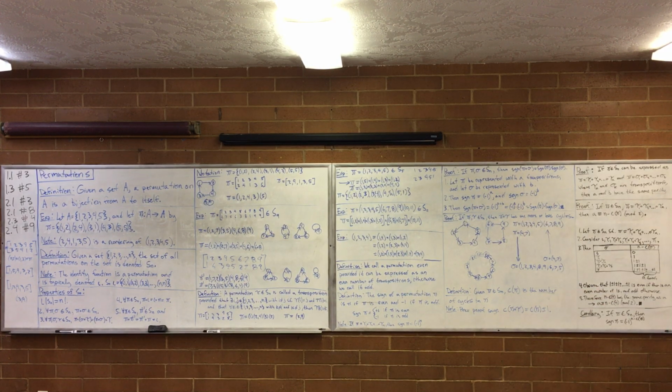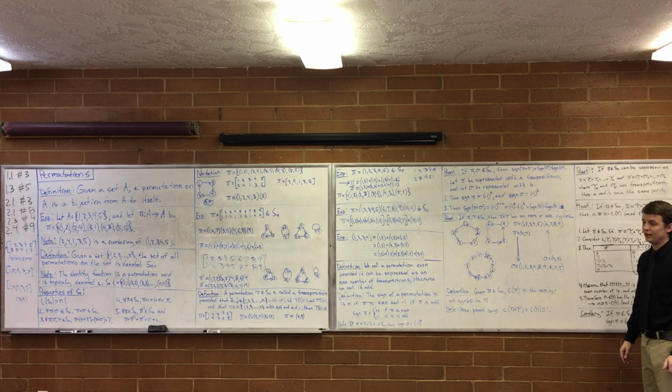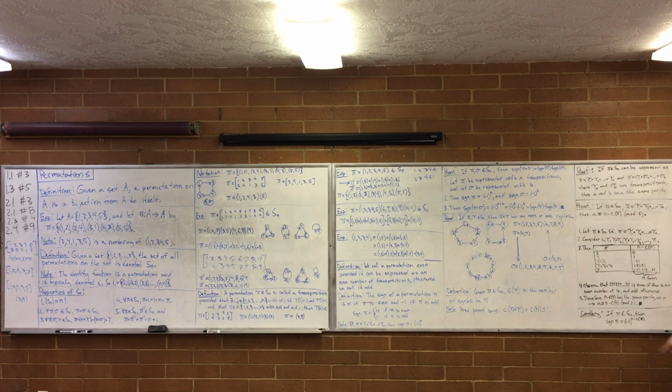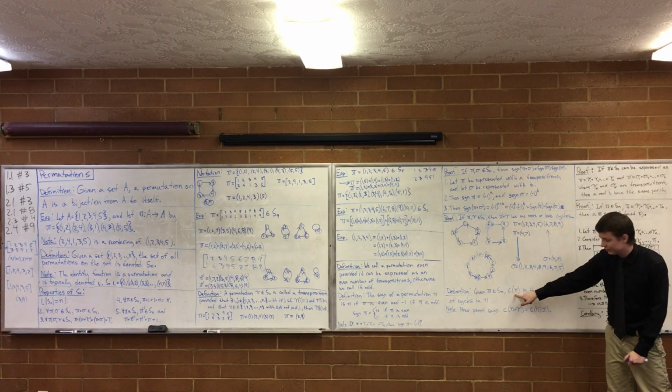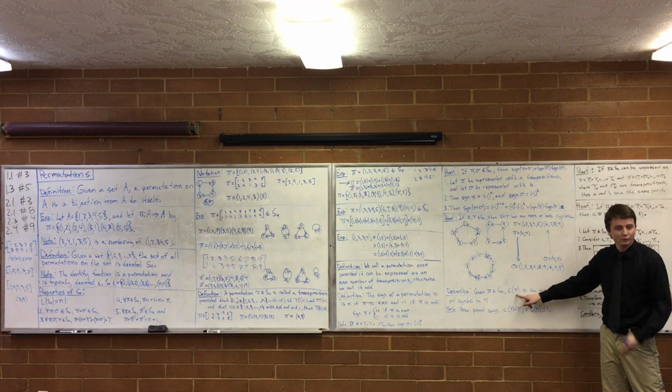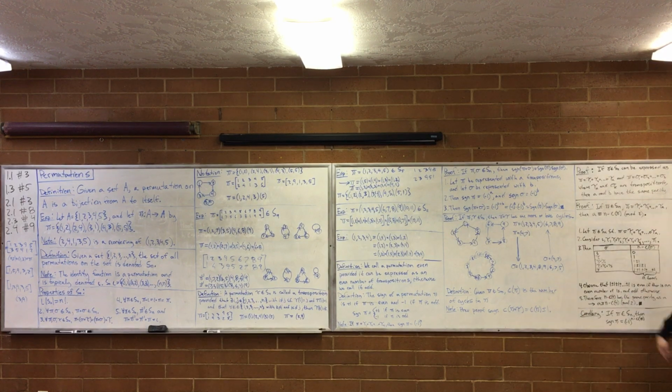What about C of the identity? How many loops are in the identity permutation? Well, let's make it n. Wonderful. That's a good question. Okay. So C of iota is always just n, however many elements there are, because everything just loops to itself.